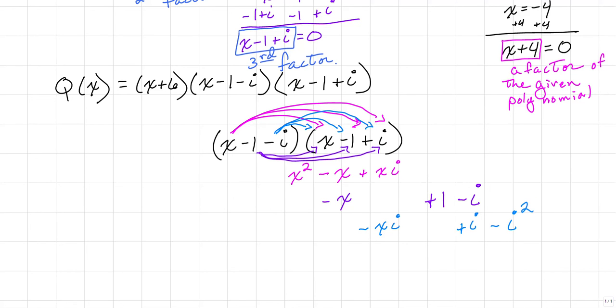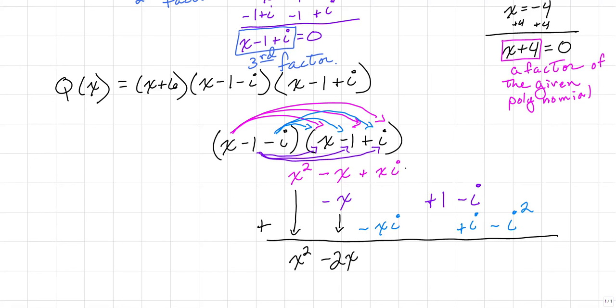And now we're going to go ahead and add our columns, our like terms. This x squared is simply going to be x squared. There's nothing I can add or subtract to it. In this column, we'll end up with minus 2x. In this column, that's going to go to 0, so I don't have to worry about it.